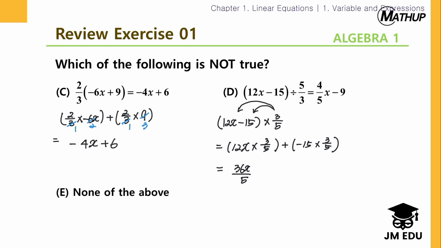And here we have a 5 and 15. So 5 times 1 is 5. 5 times 3 is 15, right? So negative 3 times 3, that's minus 9, which is not equal to the expression on the right. So the answer has to be D.